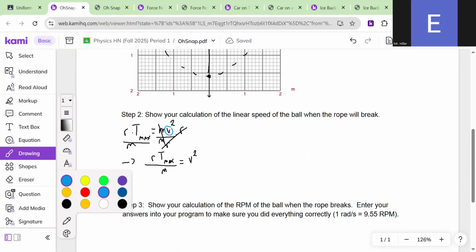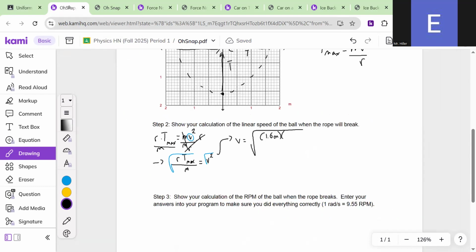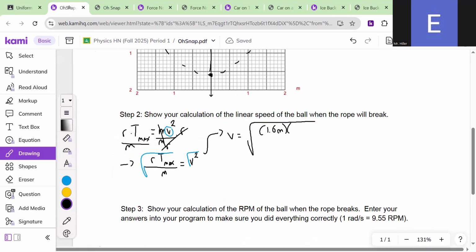And so the last step you can see I need to do is take the square root, and that will get v by itself. So v is going to be the radius, which for me is 1.6 meters, times your braking strength. For me, that's 7.91 newtons, all divided by the mass, which for me is 0.390.